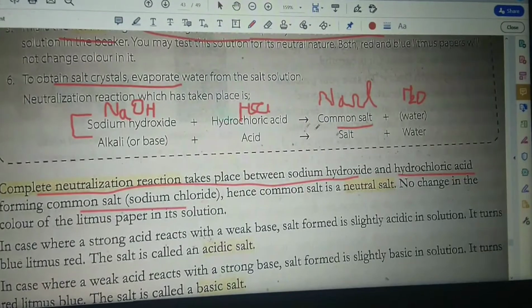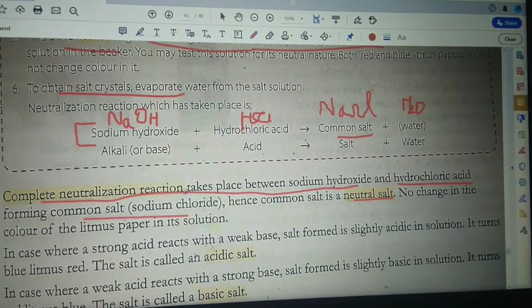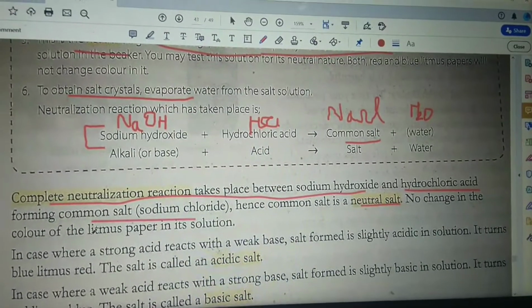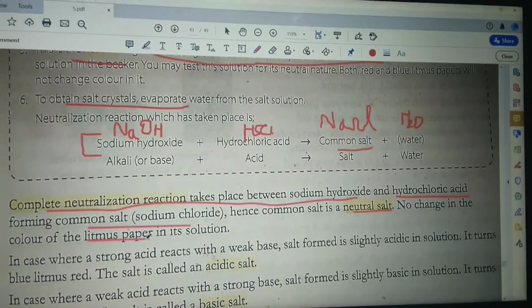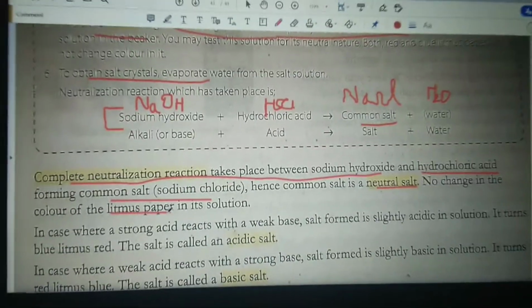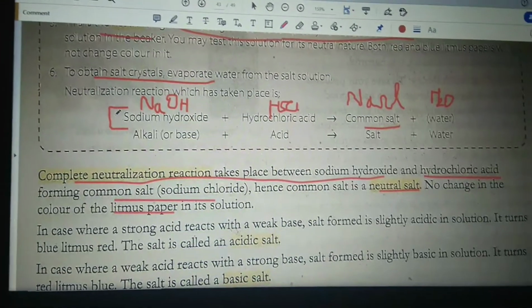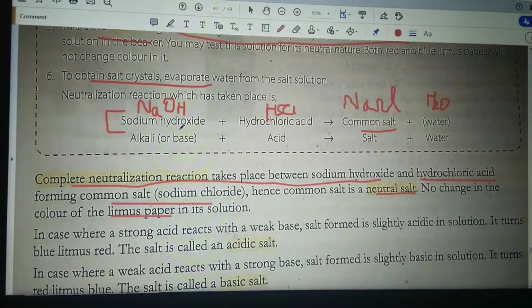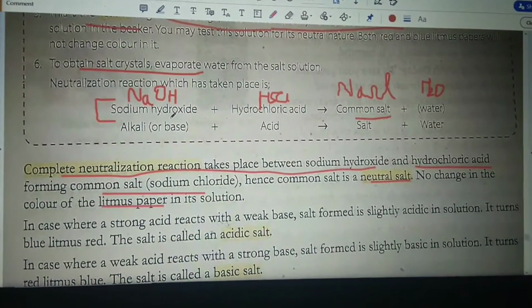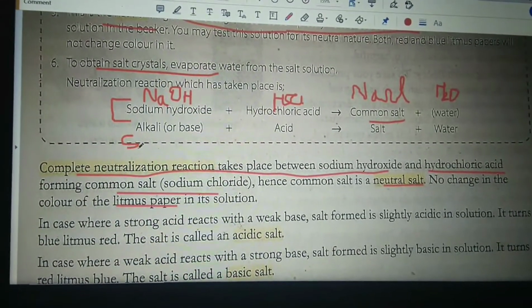So we can say complete neutralization takes place between sodium hydroxide and hydrochloric acid to form common salt. This common salt is a neutral salt. Why is it neutral? It doesn't change the litmus paper. Why is it neutral in nature? As we know, sodium hydroxide, or caustic soda, is a strong base.